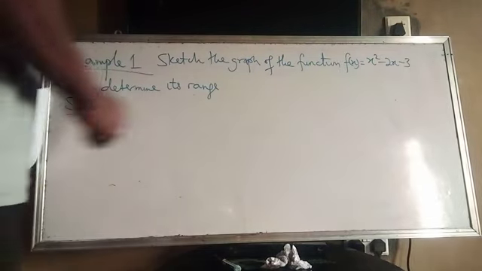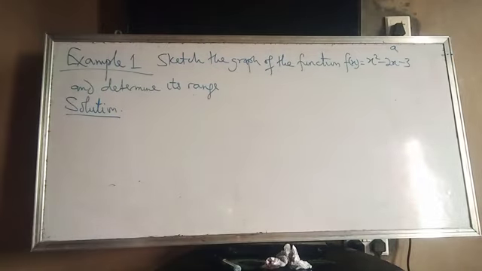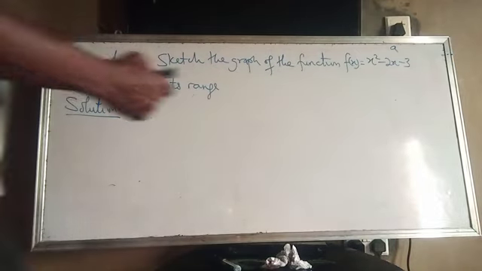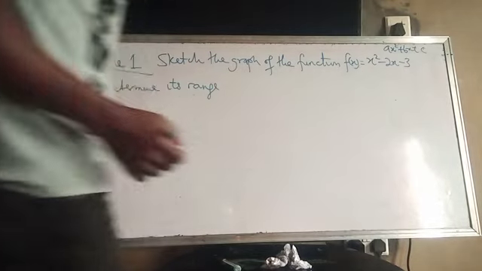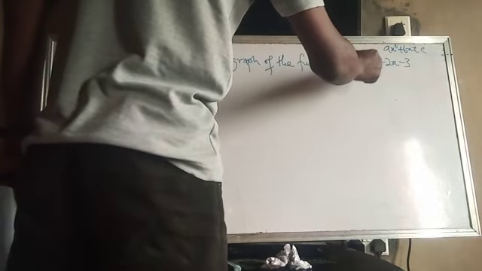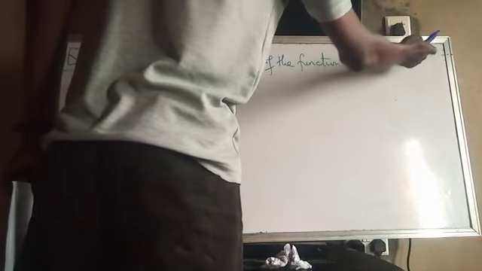Anytime your value of a, if you go back to the note I gave you in the video we had last time, is positive, here it's 1. Using ax squared plus bx plus c, the general form of a quadratic equation where a is not 0, we compare and get a is 1, b is minus 2, c is minus 3.